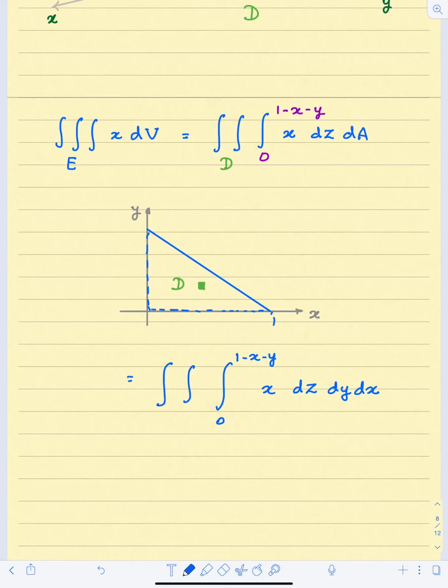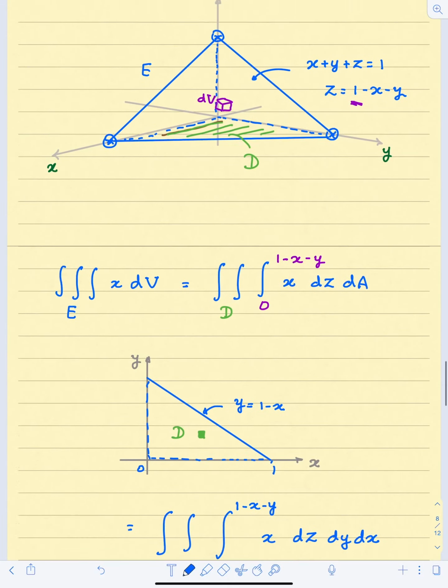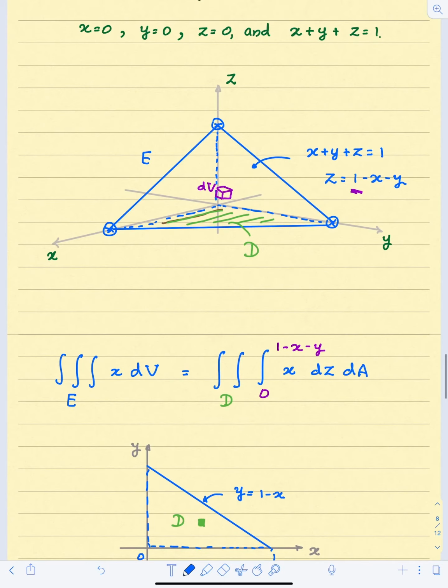This is 1, this is 0. Equation of this line is y equals 1 minus x. Because on the xy plane, your z value equals 0. Then you will get x plus y equals 1. Therefore y equals 1 minus x.